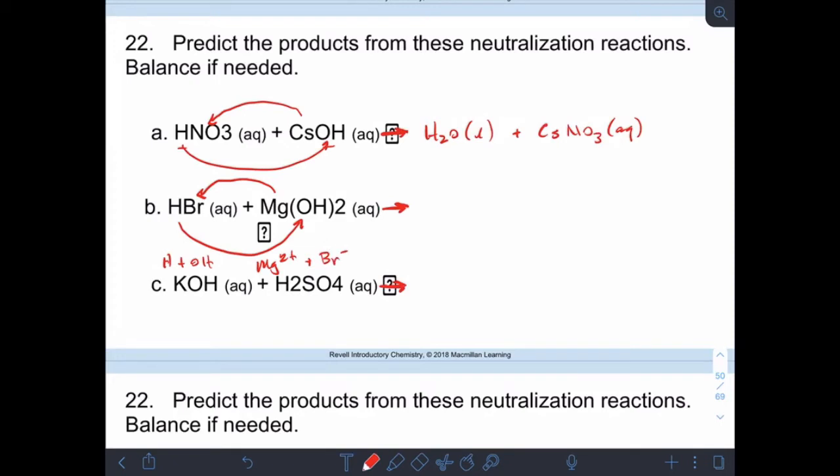So again, I want to just simply put those things together correctly, and then we'll come back and balance. So we got H2O liquid as one product, and the other one is magnesium bromide, MgBr2. Okay, and then we come back and balance.